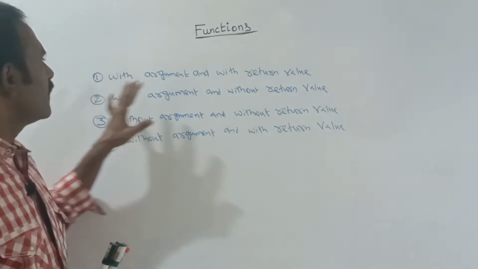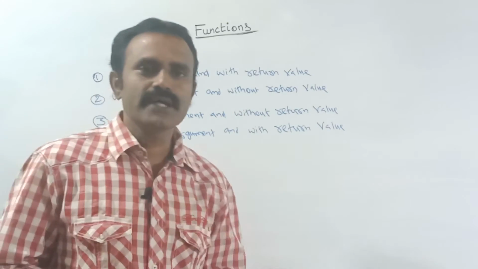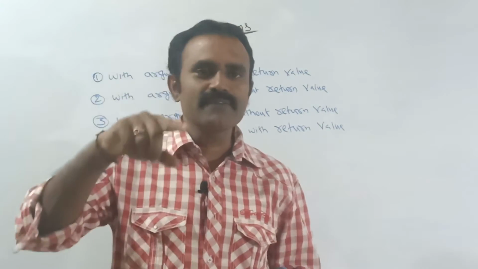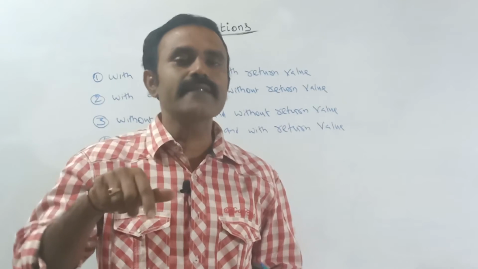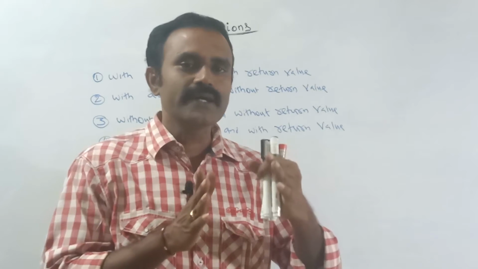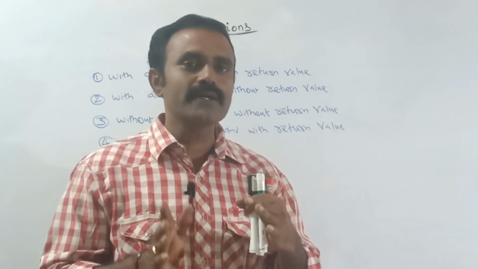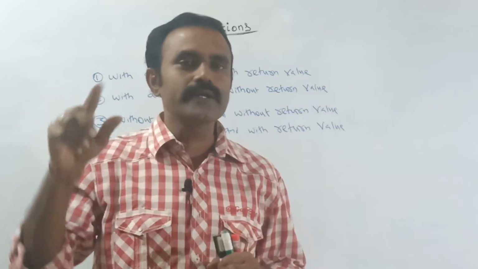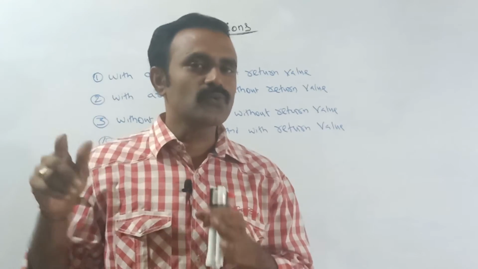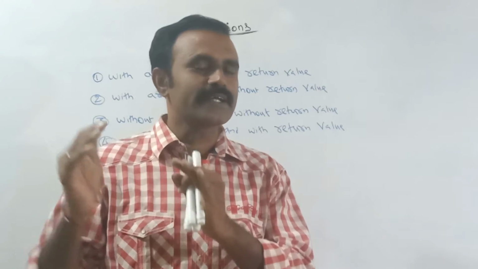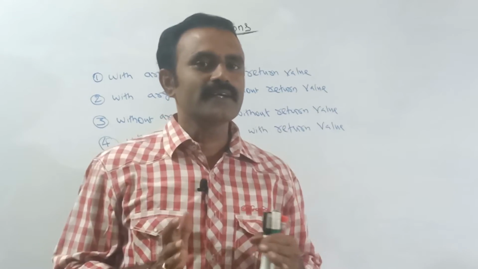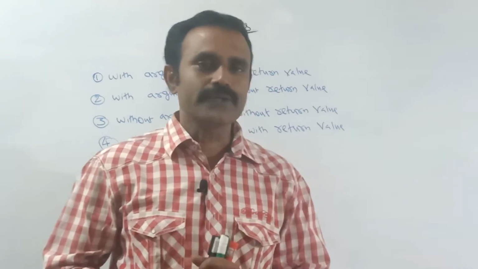That one is with argument and with return type. An argument is a parameter which we pass inside the function. In string compare, we pass two arguments and compare the strings. If they are equal, it returns the value 0.